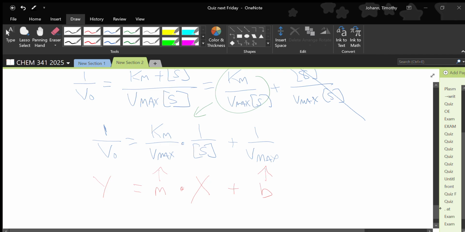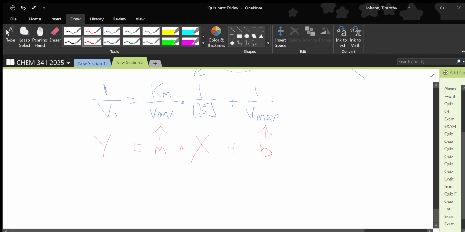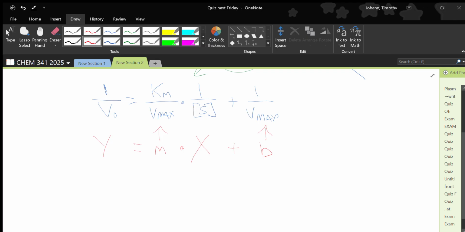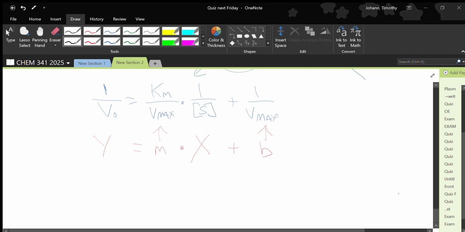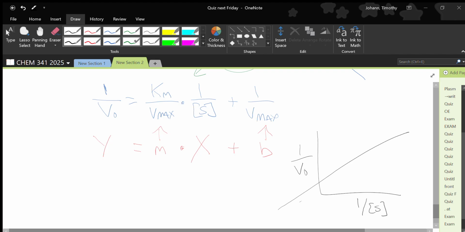And so if I was to vary my substrate concentration and measure my initial rates, and then I plot them as 1 over V naught and 1 over substrate concentration, I'm going to get a straight line, okay? And what's the intercept for that line going to be? 1 over Vmax, so I could figure out what the maximum rate of my enzyme reaction was, right?